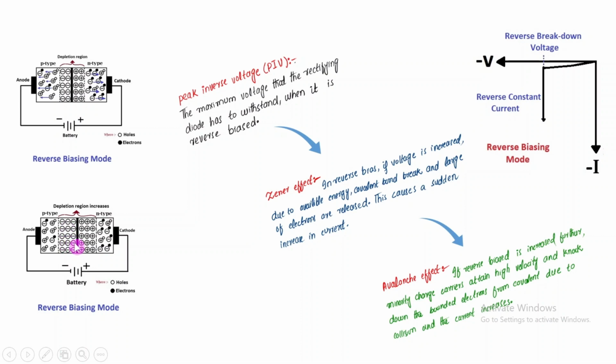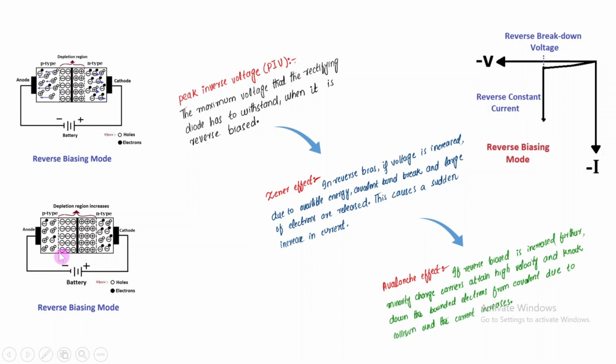So in reverse bias, if we increase the voltage of this battery further, minority charge carriers attain high velocity. The knocked electrons produced due to high voltage attain high velocity, and their kinetic energy will be increased.